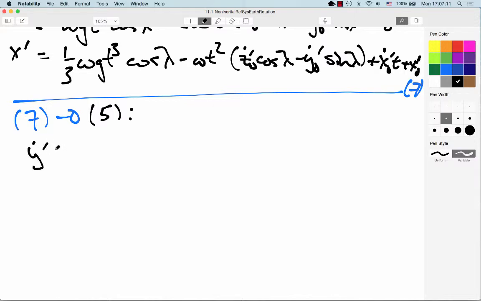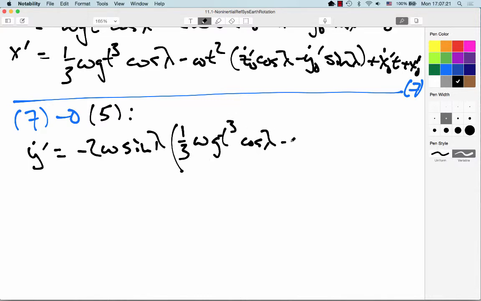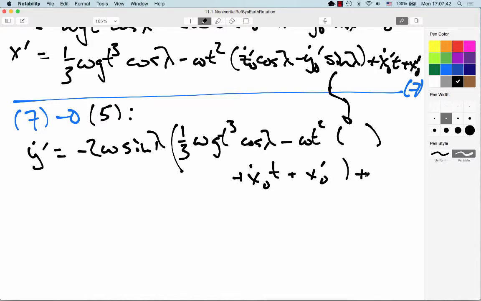y prime dot is minus 2 omega sine lambda times 1/3 omega gt cubed cos lambda minus omega t squared times the stuff in the parentheses from up there that I don't really feel like writing again because we're going to make it go away in just a moment, plus x naught dot prime t plus x naught prime plus our initial condition y naught dot prime.